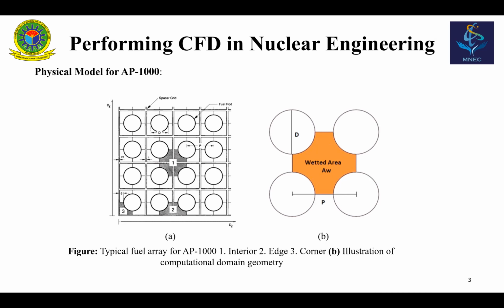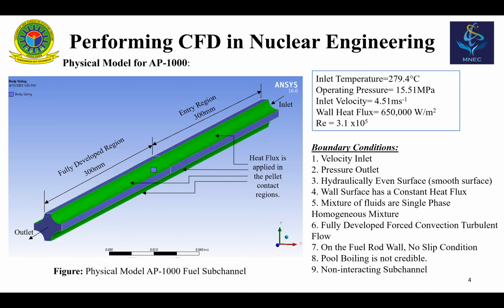So we can see here a single fuel subchannel of the AP1000 reactor, and here we have taken a length of 600 millimeter. So this is close to 0.6 meter.